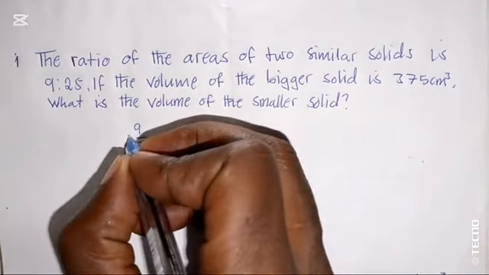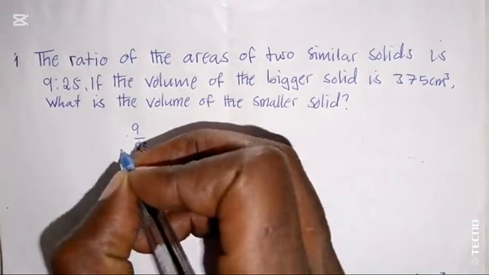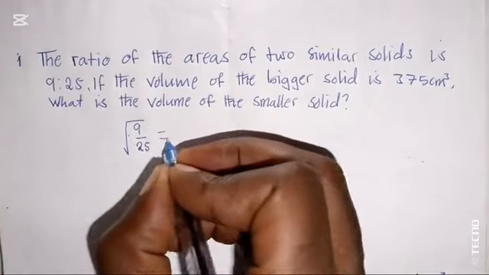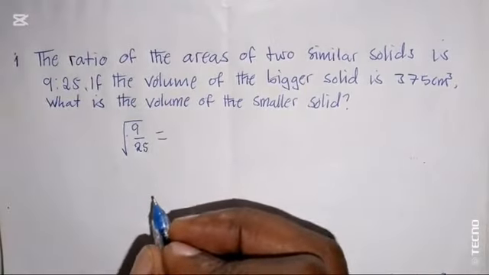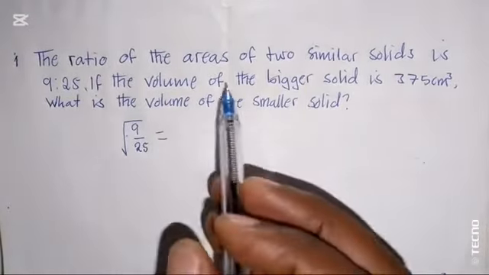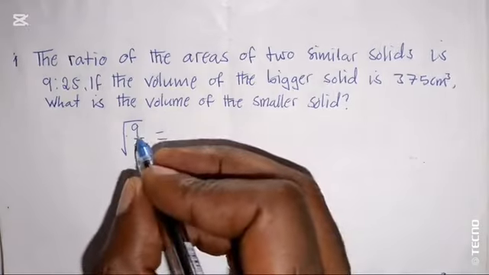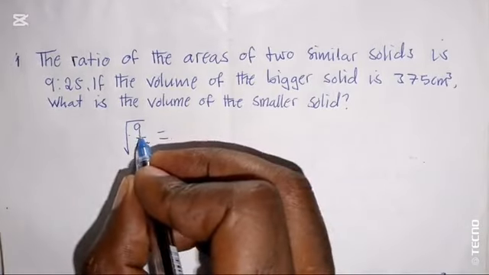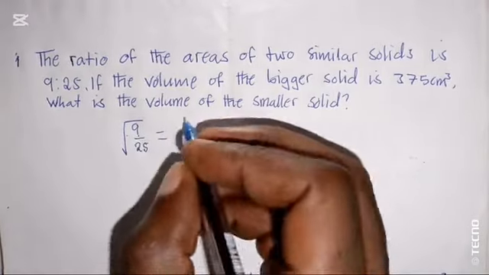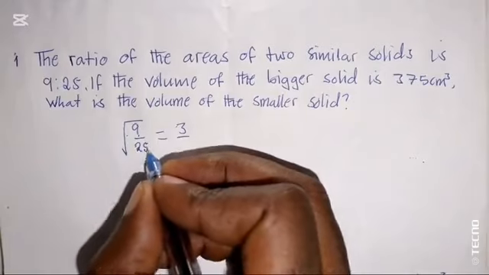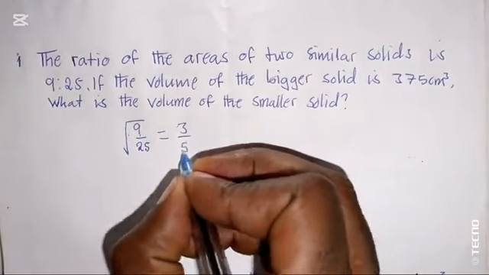Once you introduce the square root, you are calculating the actual ratio or the actual dimensions of these solids. So the square root of 9 is 3, over the square root of 25, which is 5.